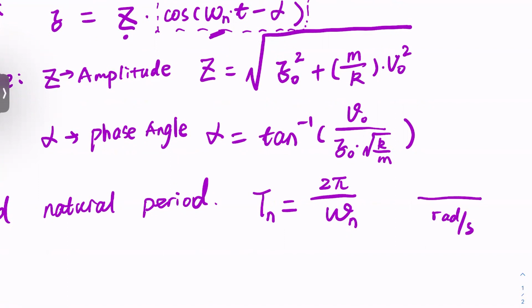And 2 pi is a complete circle, a whole circle, 6.28 rad. Rad is gone, second flips up. That's the beautiful unit of Tn, right?